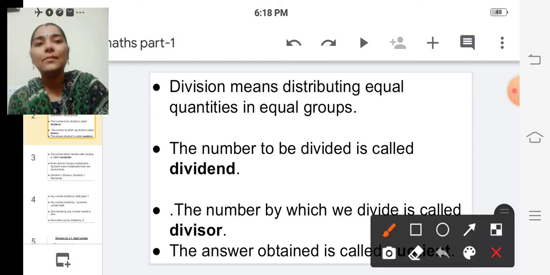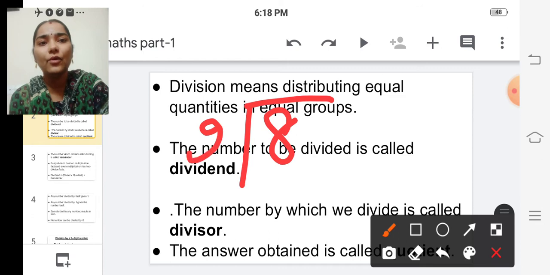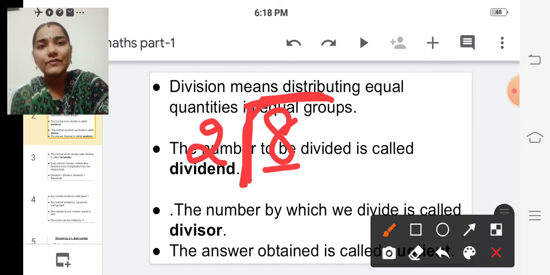See, for example, 8 divided by 2. This is the form of division. The dividend should be written inside these lines, and on the left side we write the divisor.